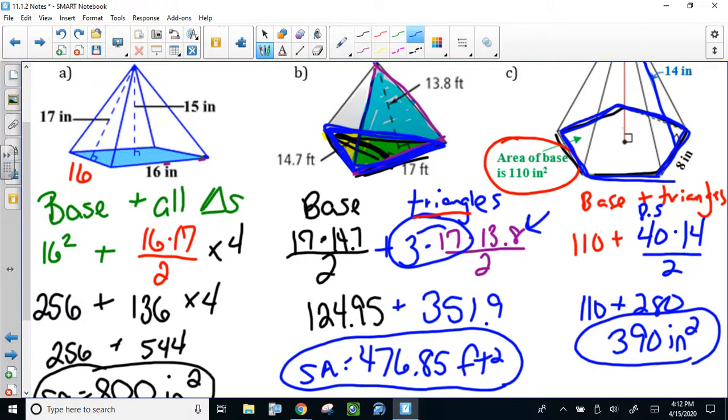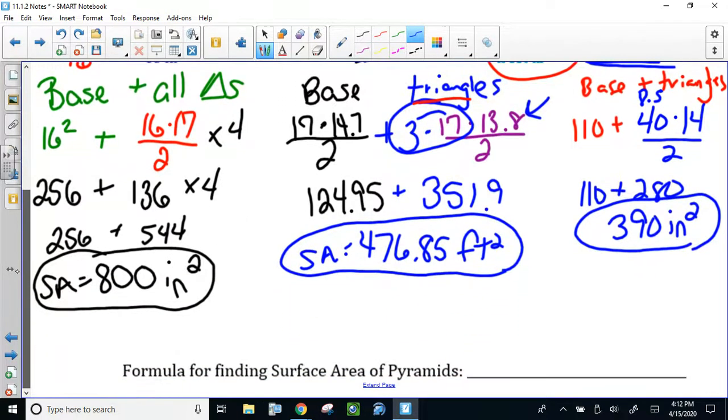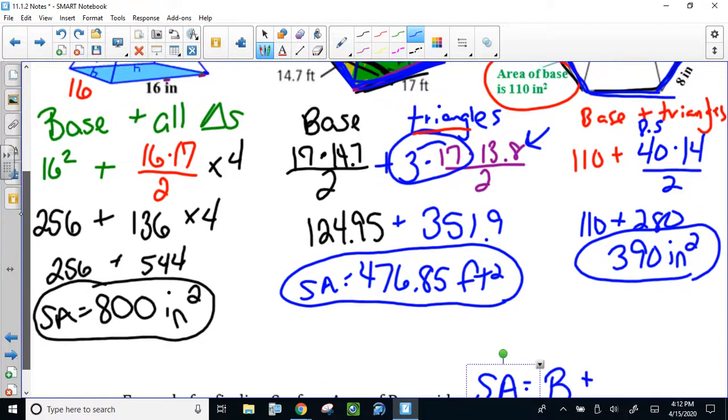So what would we say is our formula for finding the surface area of pyramids? In all of these examples, we need to know the base and each of the triangles.